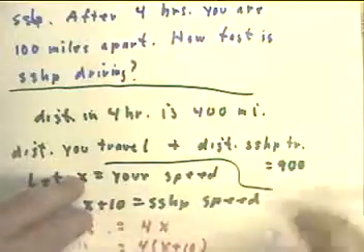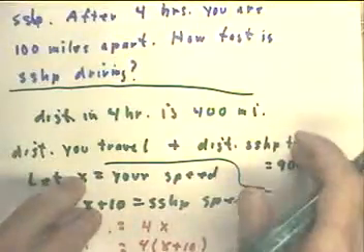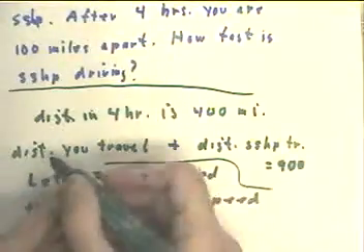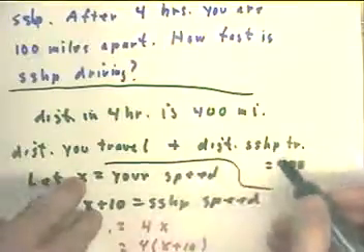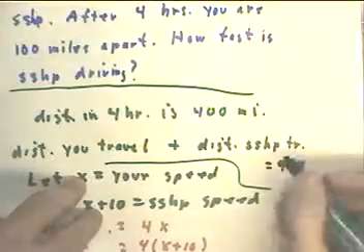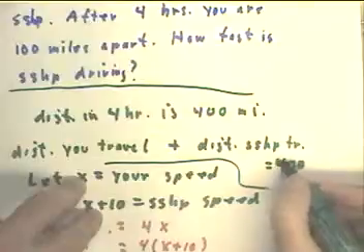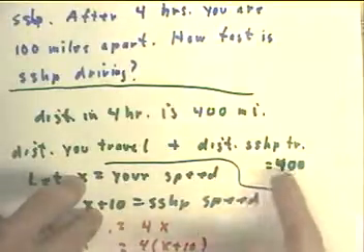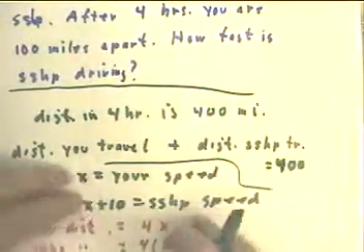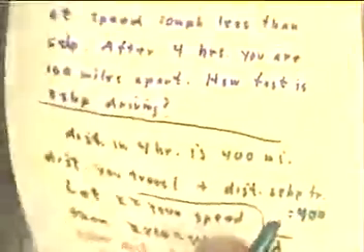Got distracted by the necessity to truncate the word travel there, and after I abbreviated that, I guess I was just done. So distance you travel plus the distance the other person travels has to be 400. Did I say 900? I think I wrote down 900. 400 miles. Had the 900 left over as the dollars from the last problem.